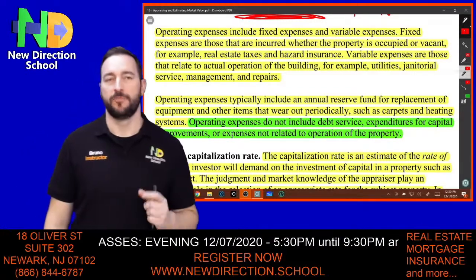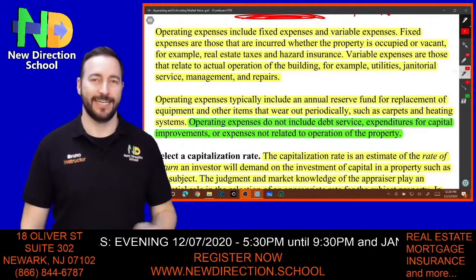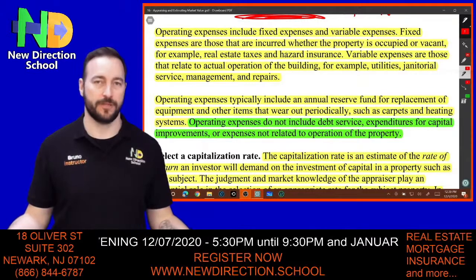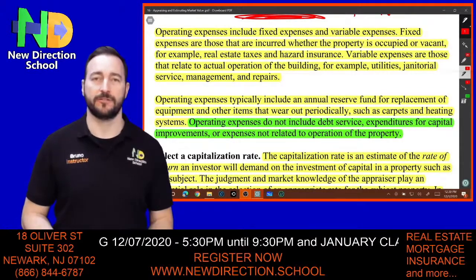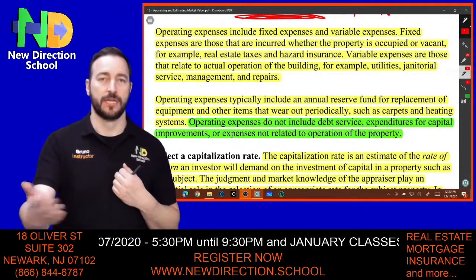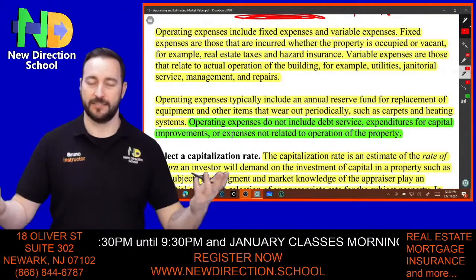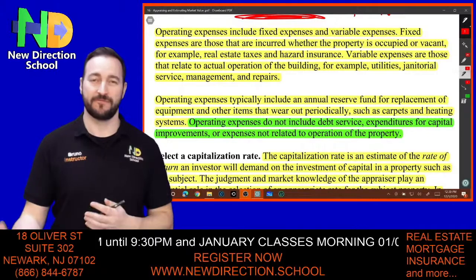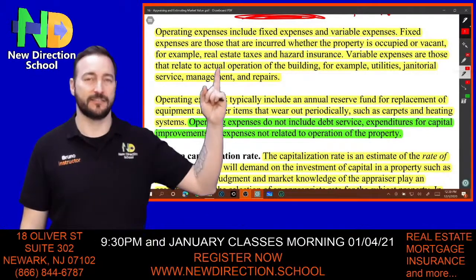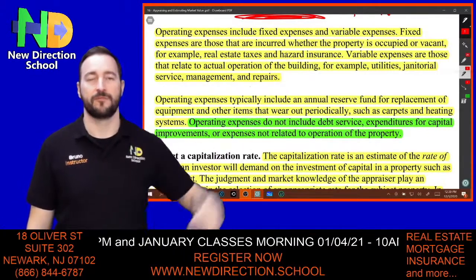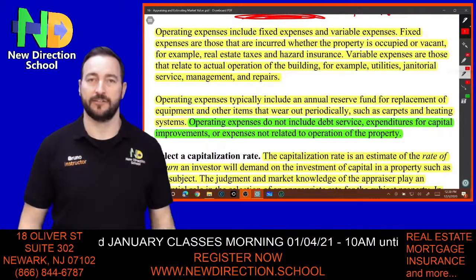Why? Because the cost of operation is usually the same for everyone. But debt is different. I might have a mortgage, you might not have a mortgage. I might have a mortgage at 6%, you might have a mortgage at 20%, as an example, right? So that's a big variable, whereas taxes, they stay, insurance, they stay, right? Utilities, they stay. They're pretty much the same.